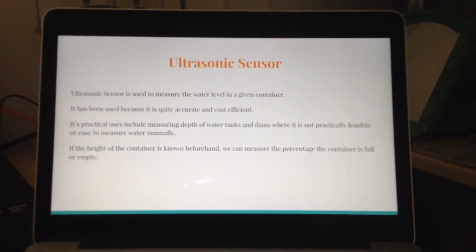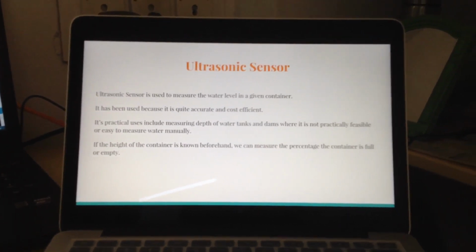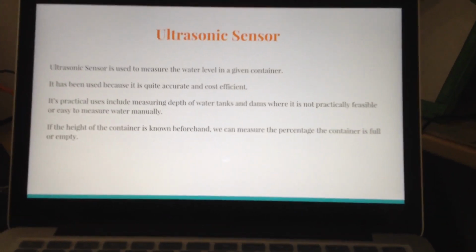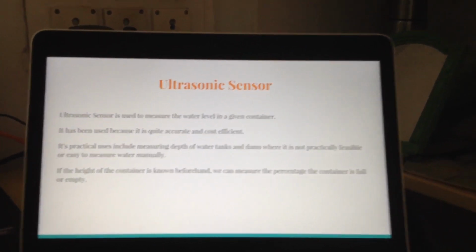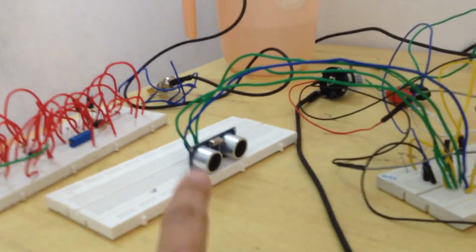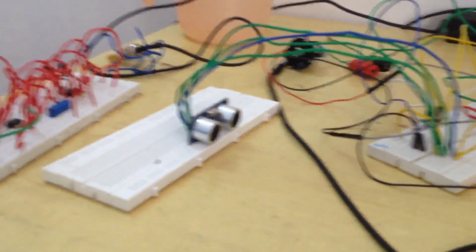It might be important during summer when it often happens that the water levels fall below the ideal level. So this sensor works on a very simple principle. This is the tiny thing which basically emits ultrasonic waves which travel at the speed of sound.